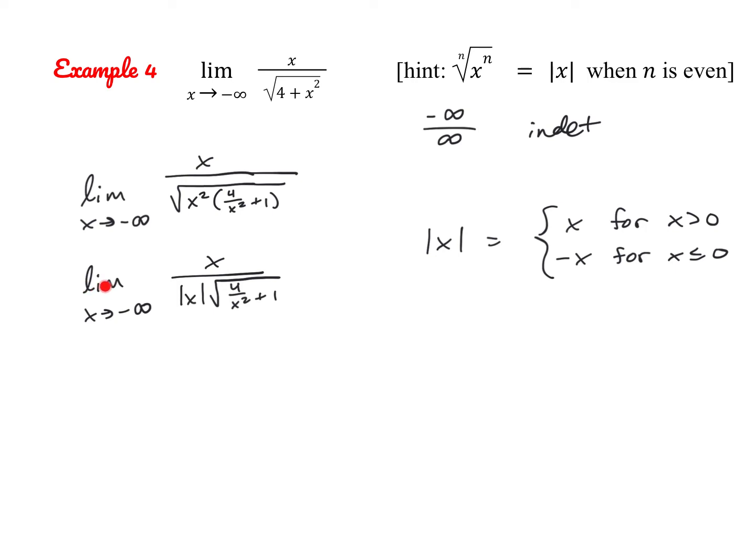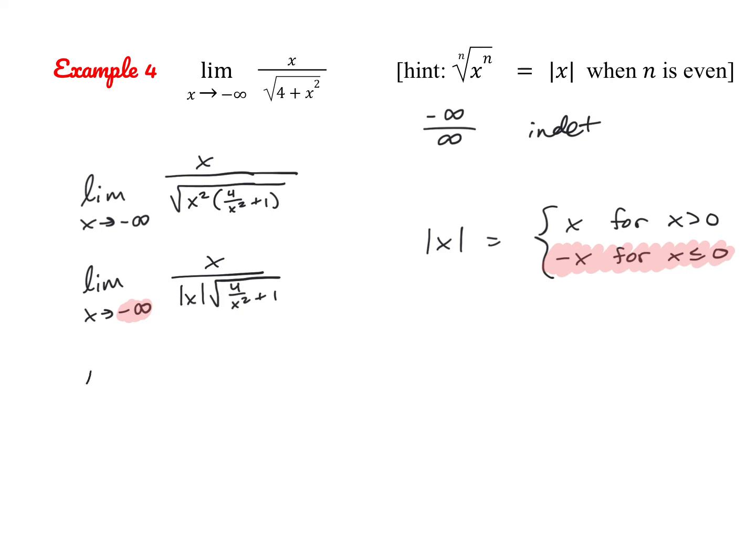So if we're evaluating the limit as x approaches negative infinity, we're going to be working with this portion of our piecewise function. So for this particular limit, we'll say that the absolute value of x is just negative x.